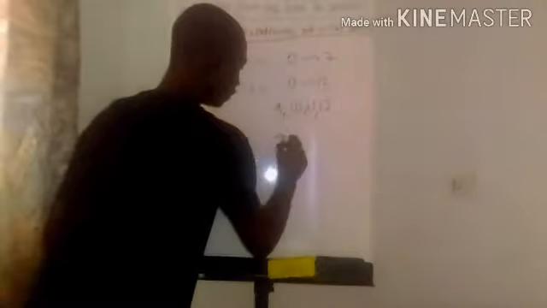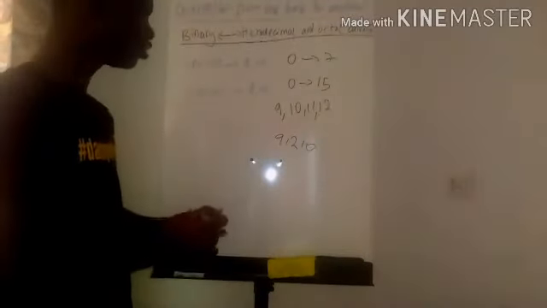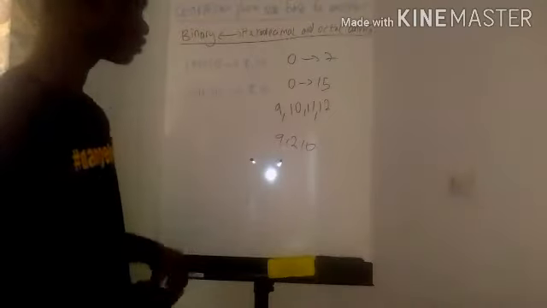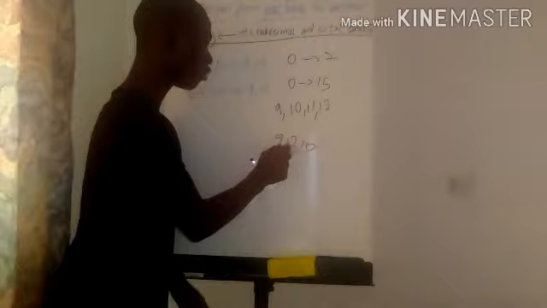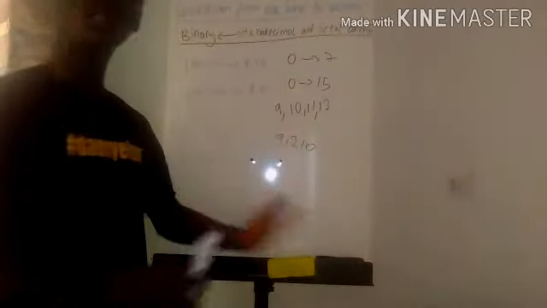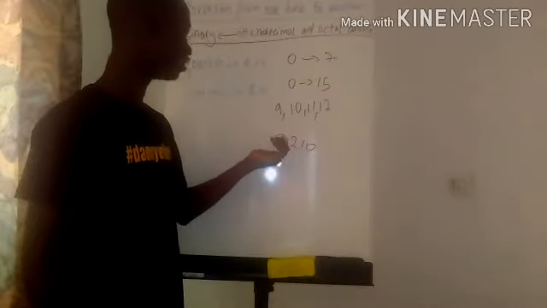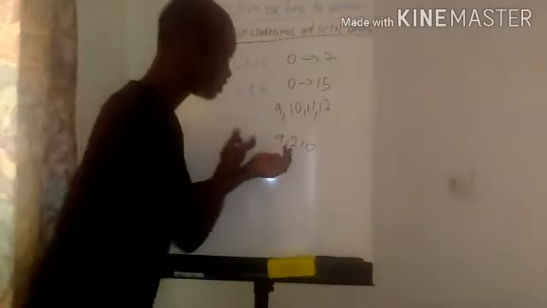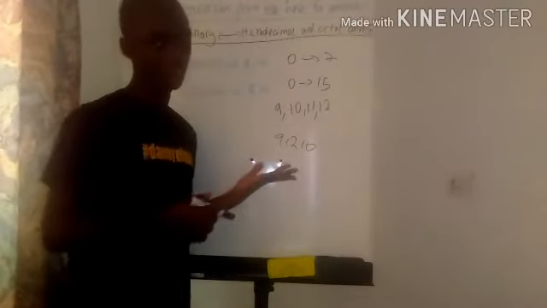Once you are given this, you'll be confused whether it is really 9, 12, 10, or 9, 1, 2, 10, or 9, 1, 2, 1, 0. Another person can take it to be base 10, that is one digit, one digit, one digit. However, this is a base 16 number.